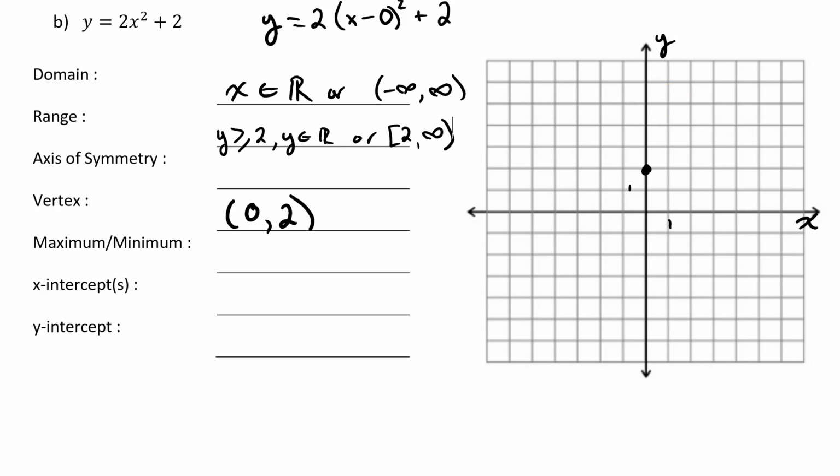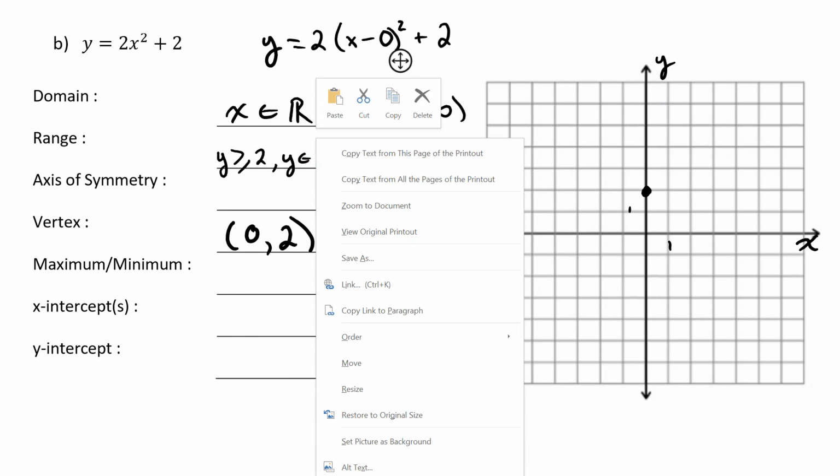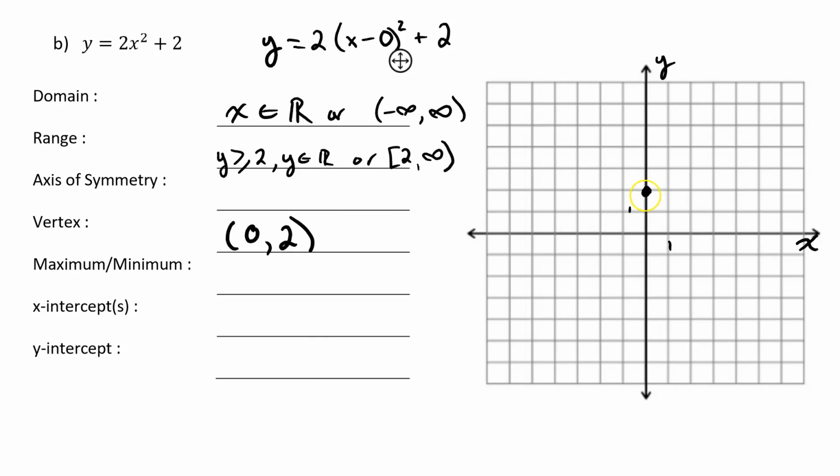Okay, this one is a little bit trickier because usually we would use our vertex and go over 1, up 1, back to the vertex, over 2, up 4. But this one has a stretch factor of 2. So usually I would go over 1, up 1, but I have to multiply the y value by 2.